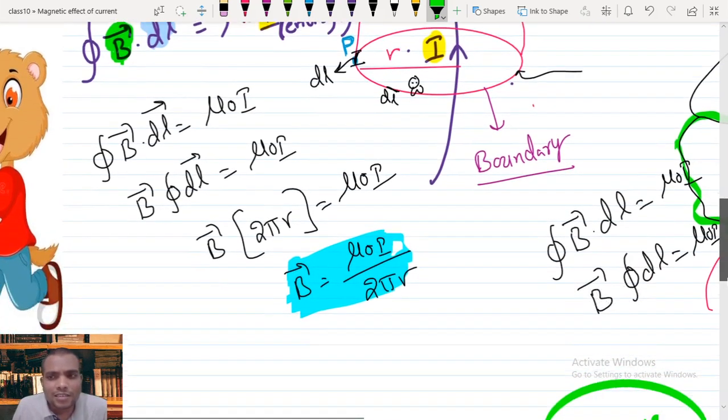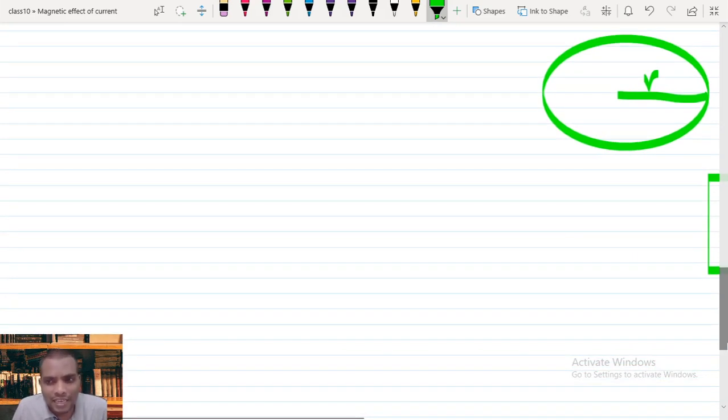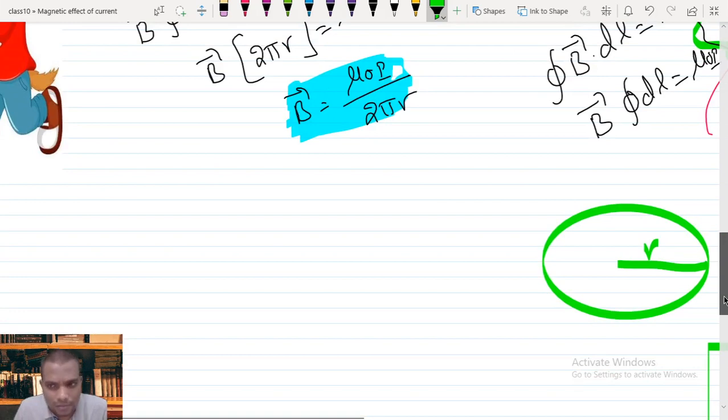So there are certain situations where Ampere's law gives a very easy way to find the magnetic field, and similarly there are certain situations where Biot-Savart's law gives an easy way.